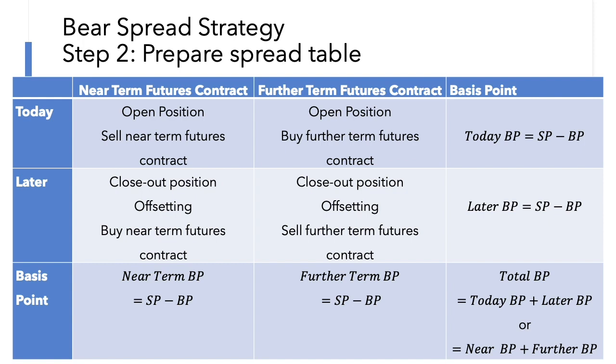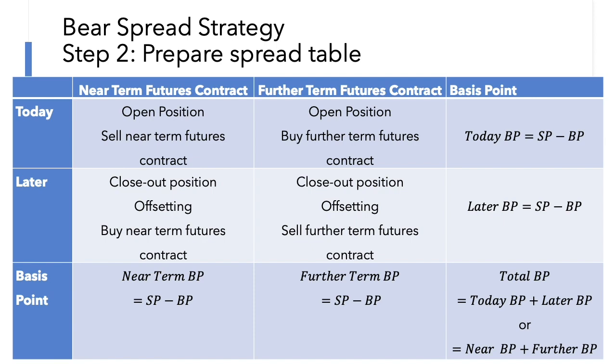Then, you can calculate the basis point for the spread table. You can calculate based on the time row, for example, the basis point for today and the basis point for later, or you can calculate based on the type of contract. For example, you can calculate the basis point for near-term futures and the basis point for further-term futures.